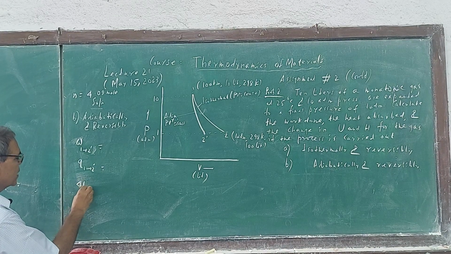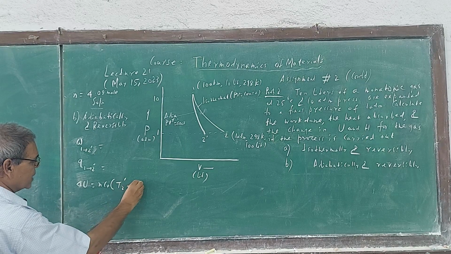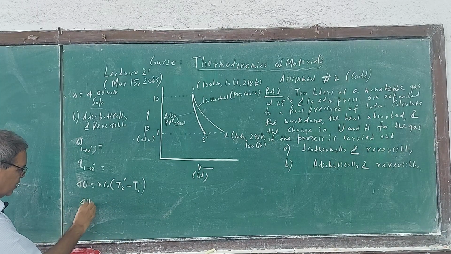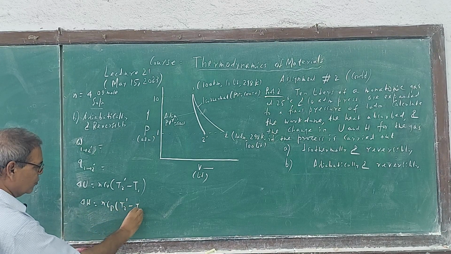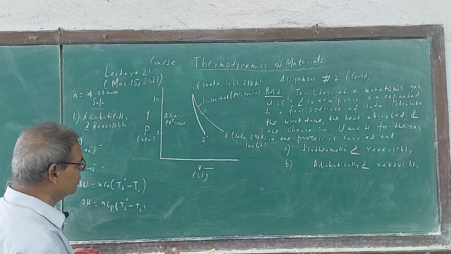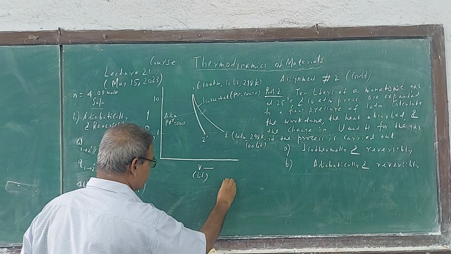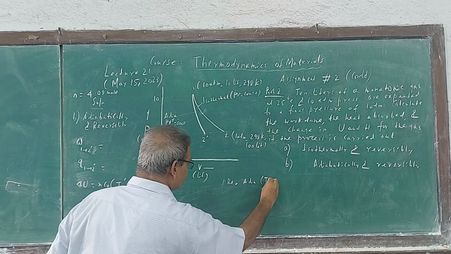Delta U is what? Please tell me. n Cv (T2 prime minus T1) may be better. Is it n Cp (T2 prime minus T1)? So you need to know T2 prime. You could do these things. Reversible adiabatic, to find T2 prime.